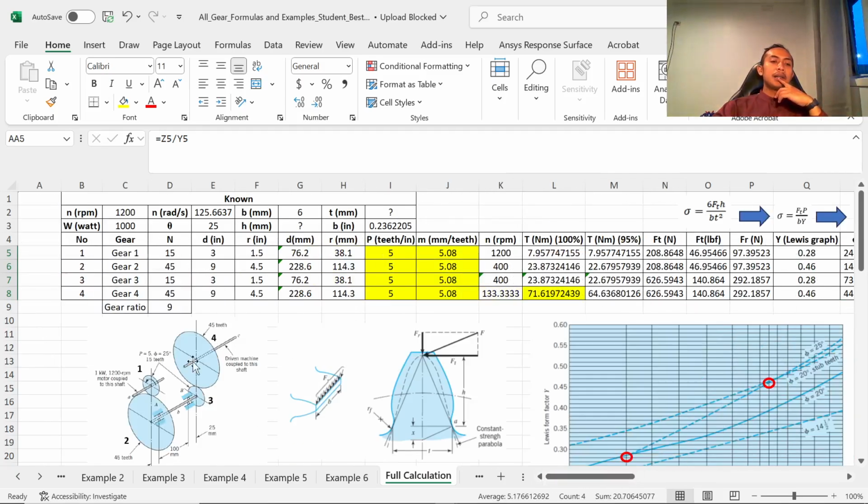Okay, this time I will give a brief big idea of how to calculate from scratch to the safety factor. For example, we only have two applications, reducer or increaser. For a reducer, we reduce the speed at the output: the input is a high-speed DC motor, and the output is low velocity but high torque.